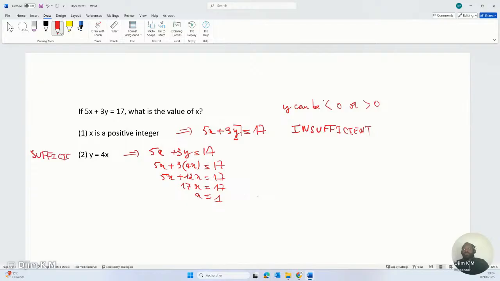So these are very simple questions that you can solve without even doing a calculation. You can just, by reading the question, find out that the first condition is insufficient and the second condition is sufficient.